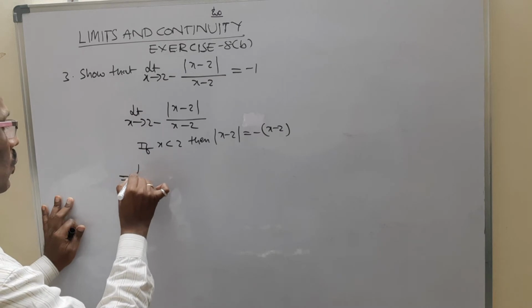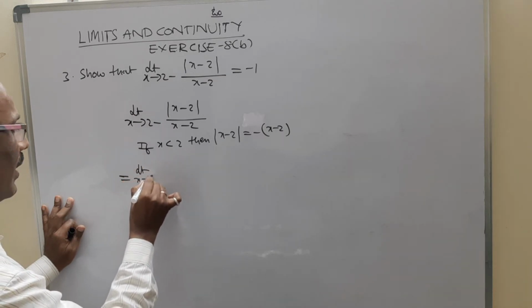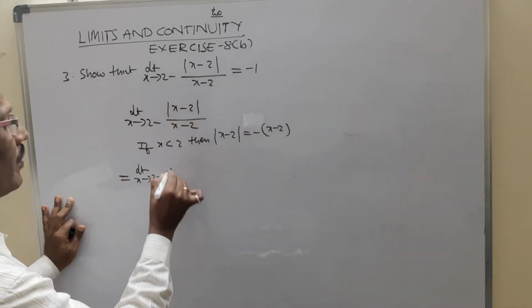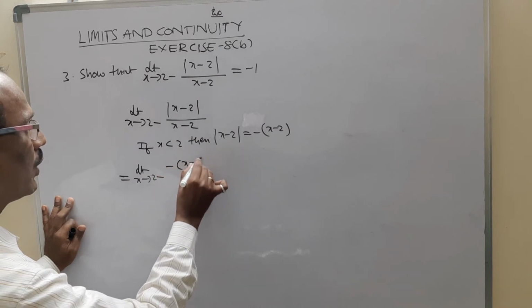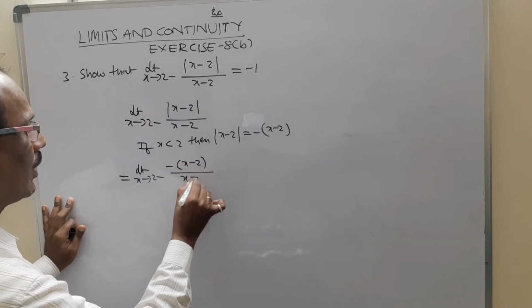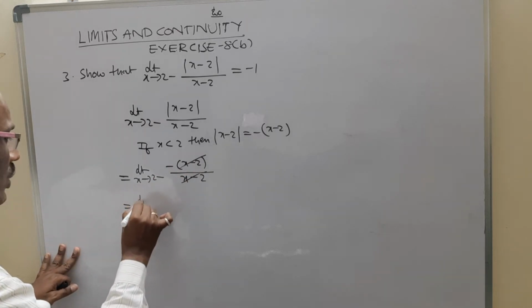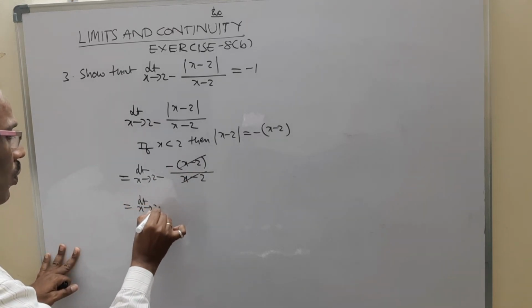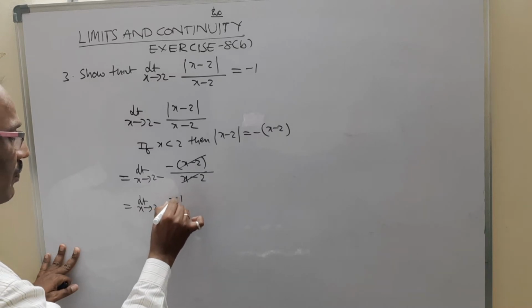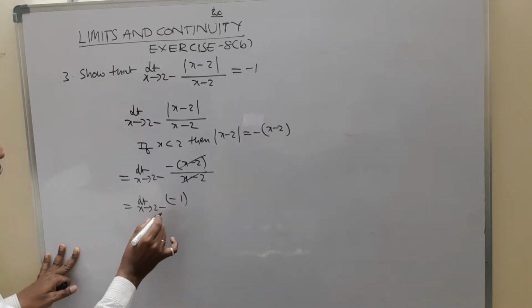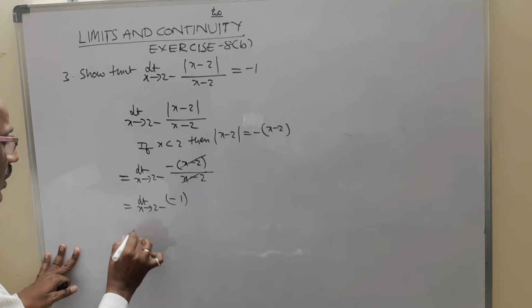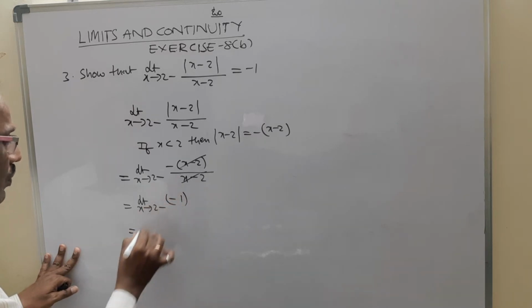That equals limit x tends to 2 minus of minus of x minus 2 by x minus 2. x minus 2 gets cancelled. Limit x tends to 2 minus of minus 1. The limit of a constant value equals that constant value, which is minus 1.